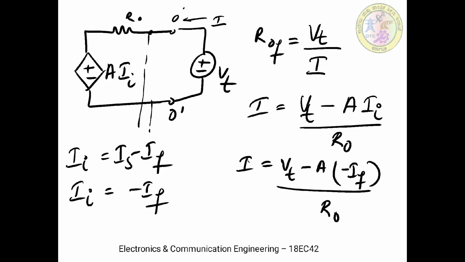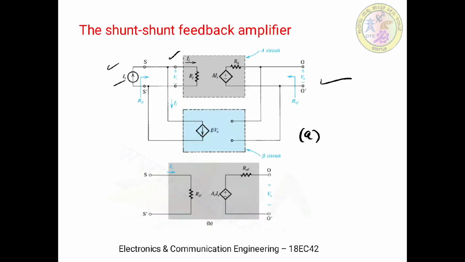So further we can write the expression for I. I will be equal to Vt plus A into IF, divided by R0. But IF in this case will be equal to beta into V0, and this is clear from the diagram.